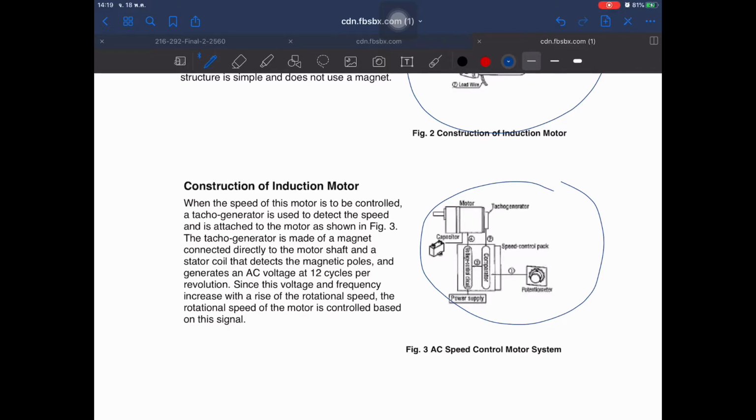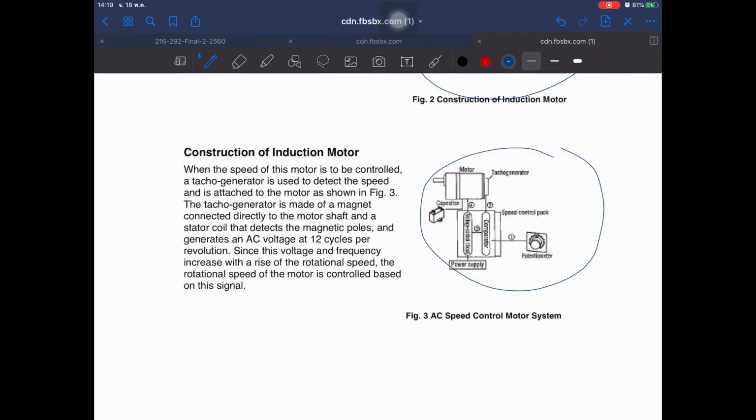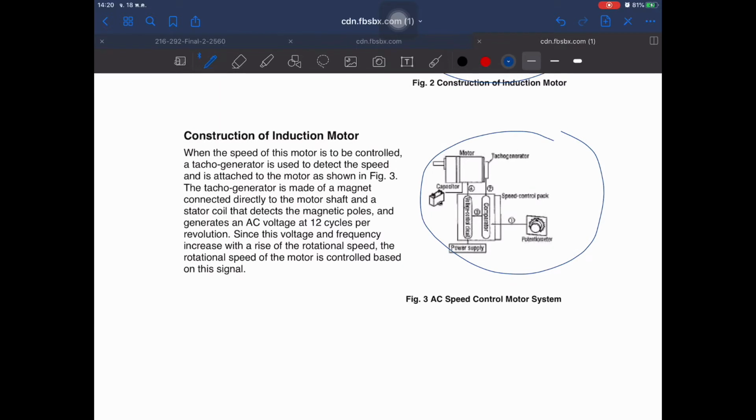The tacho generator is made of a magnet connected directly to the motor shaft, and a stator coil that detects the magnetic pole and generates an AC voltage at 12 cycles per revolution.